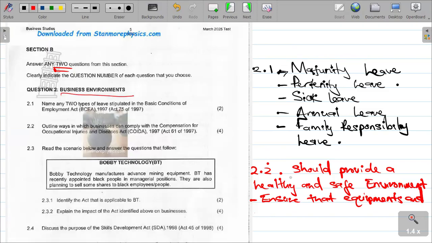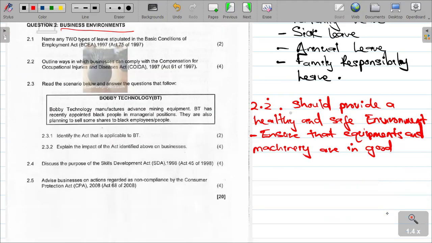They're supposed to be in good working order. They're supposed to ensure that the equipment is in good working condition.